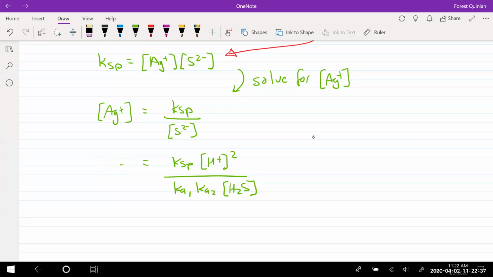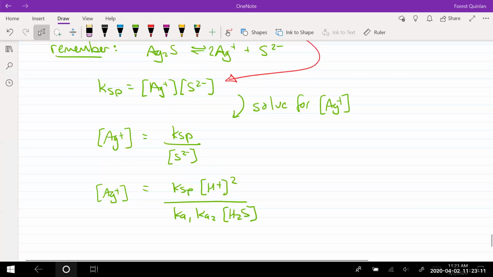Wouldn't the Ag plus be squared? I'm sorry? Like the Ag plus, when you write it with the KSP equation, isn't it squared because there's two?